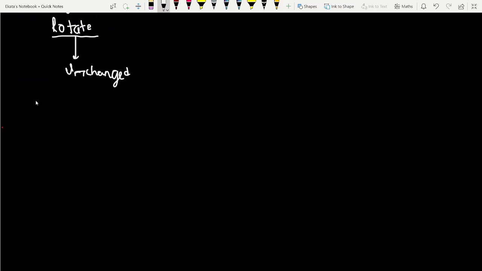Suppose that there is a Levi-Civita, we take epsilon naught ijk, and we transform it. The transformation matrices can be written as R_im, R_jn, and R_kn.